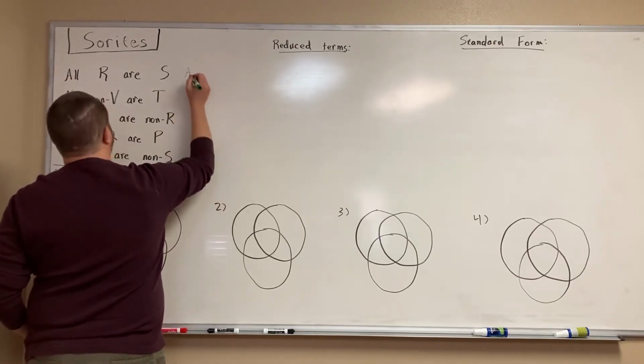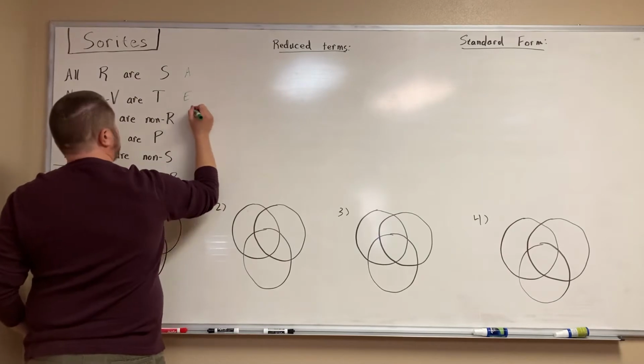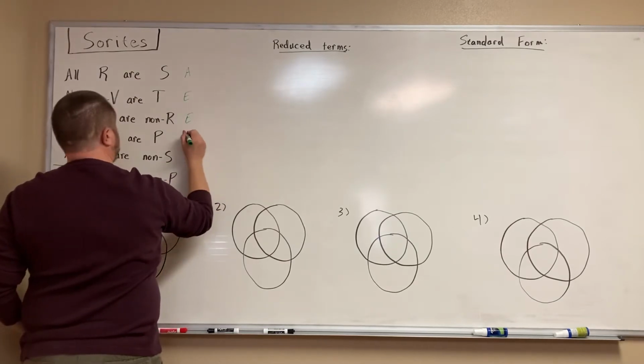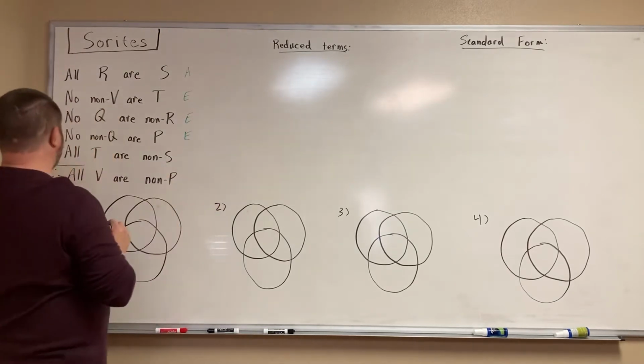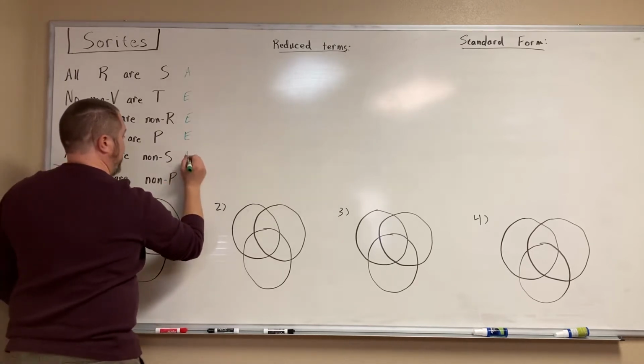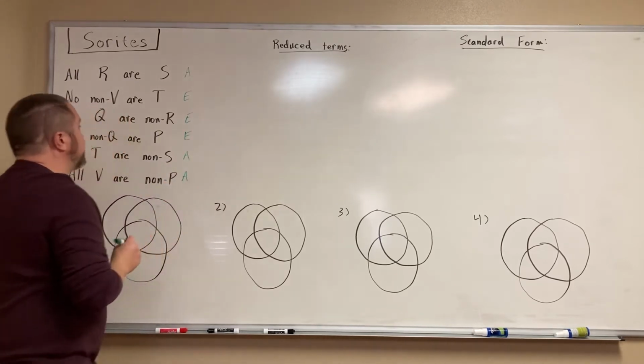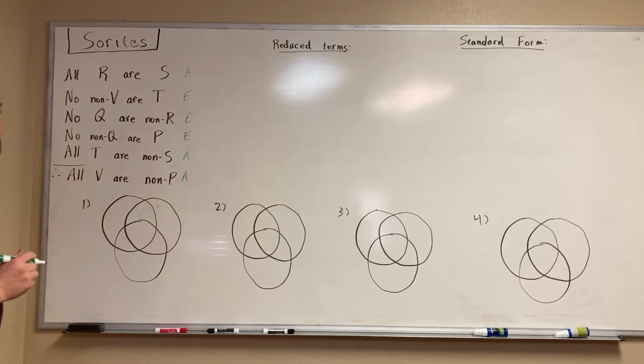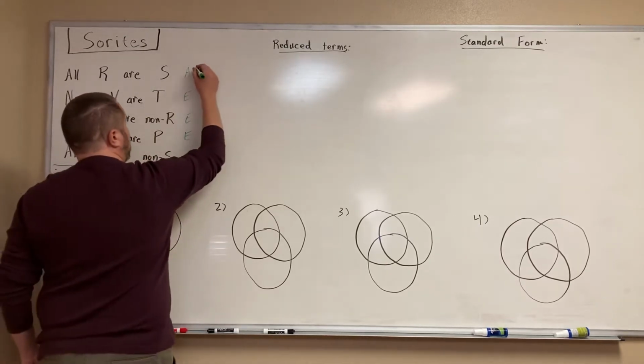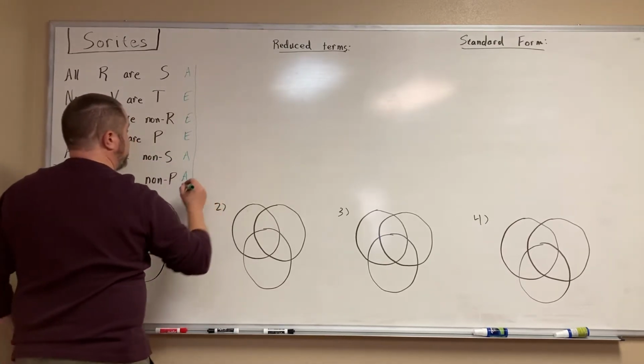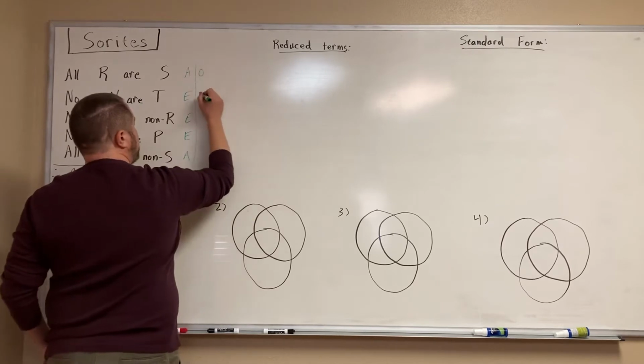Identify each of the statements: A, E, E, E, a lot of E statements, A. We have all universals. So remind yourself of the options and always use obversion.